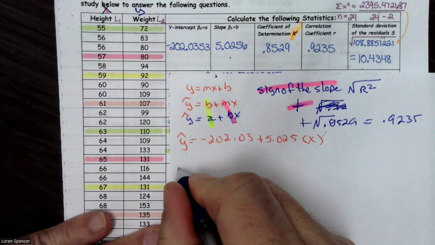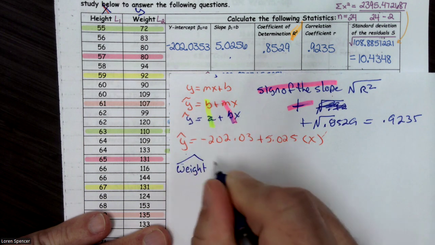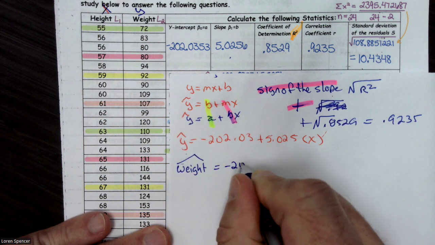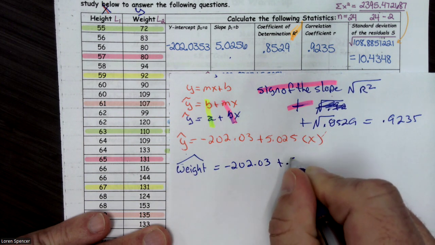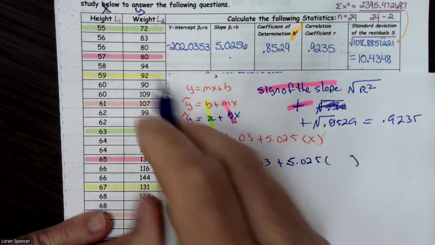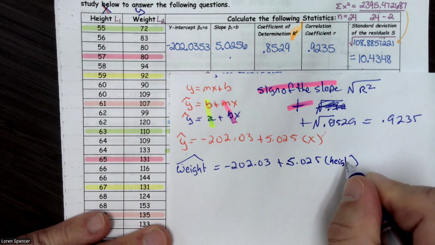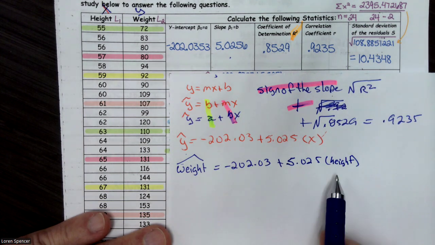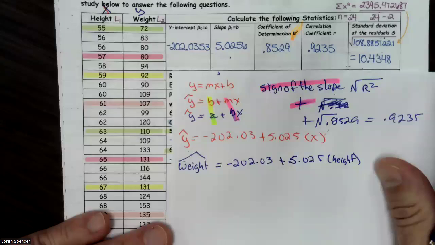So I can put weight, because that's my y variable, and put a hat on it, equals negative 202.03 plus 5.025. Instead of writing x, we're going to put in height. All right. This is much better because you won't have to define your variables, and you'll see the advantage of that when we move on to other things.